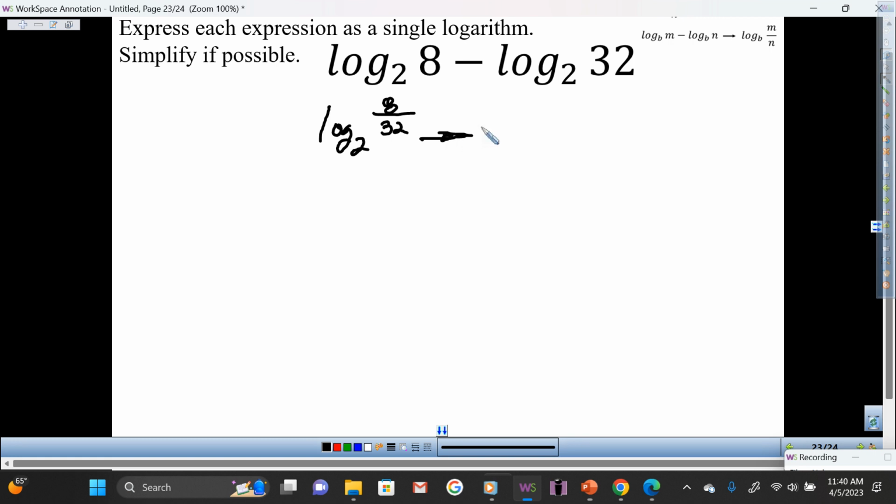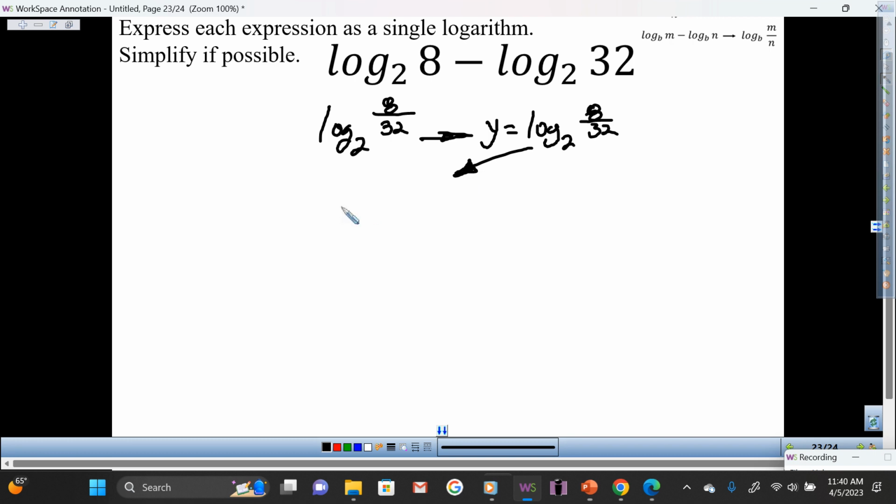Alessandra. Same process as the other ones. Yeah, y equals log base 2 of 8 over 32. Next step.